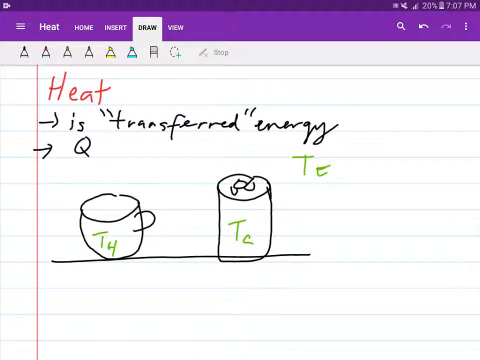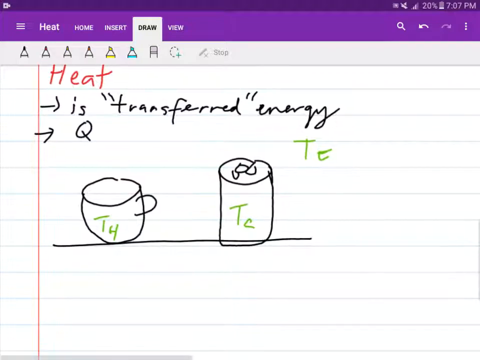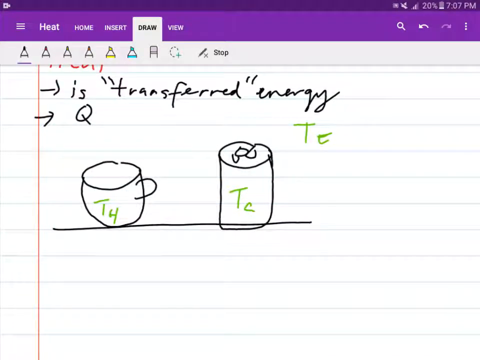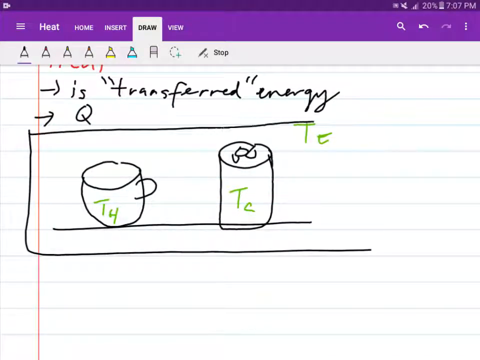Now all the energies associated in this system should be conserved according to the conservation of energy.